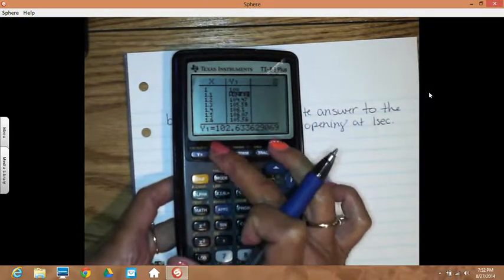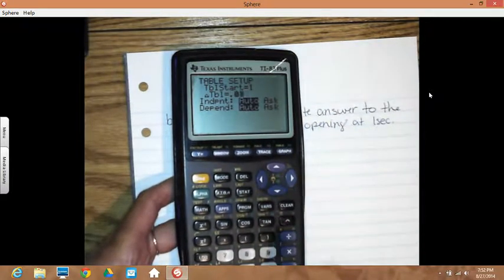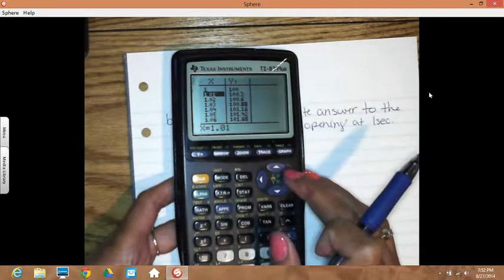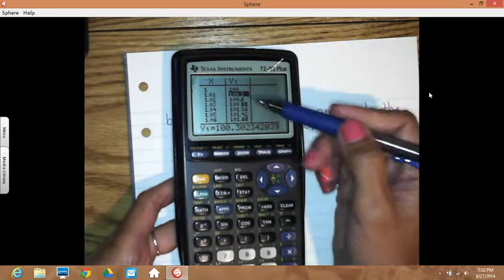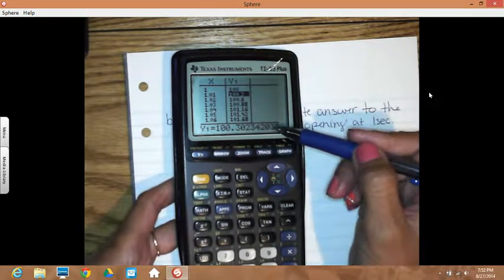So I'm going to practice that table set feature. You should probably practice that instead of the trace. Table set. I want to keep the 1, but this time I want to go by 0.01. And you are going to want to get your cursor on that Y value so you can see all of these decimal places. And like I said, 5 or 6 is usually pretty good.